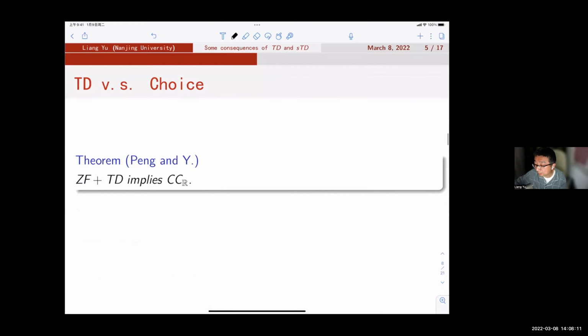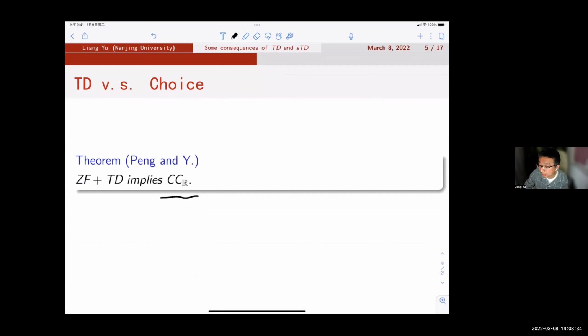We need a piece of choice like CC_R. CC_R is the weakest piece we need from the axiom of choice. Fortunately, we don't need to assume CC_R because Peng, Yinghe, and I proved that ZF plus TD implies CC_R.